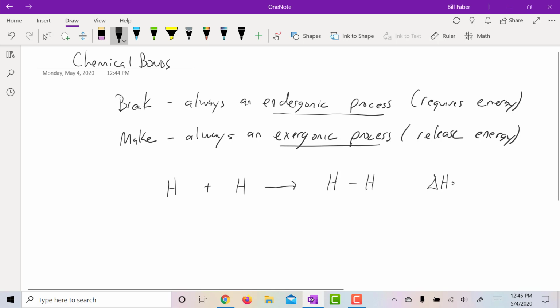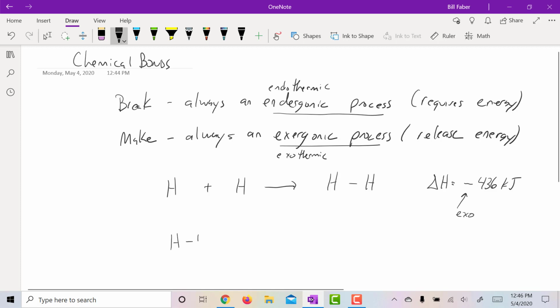When you're just talking about heat, you can think of this as endothermic, meaning heat is required, it comes in, or exothermic, which means heat goes out when it happens. And so when you are taking two atoms and bringing them together, that's actually a negative 436 kilojoules. You don't have to know that number, but you do have to know that that negative means that it's exothermic or exergonic. Energy is released when a new bond forms.